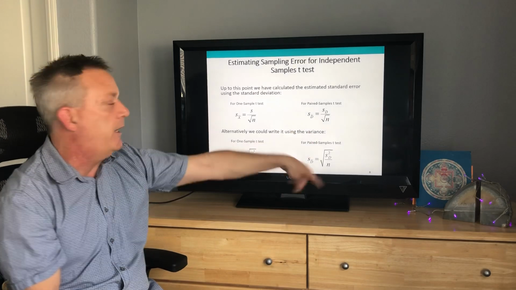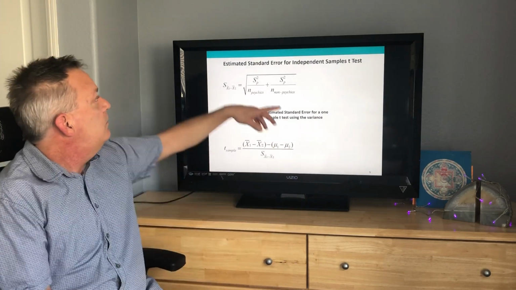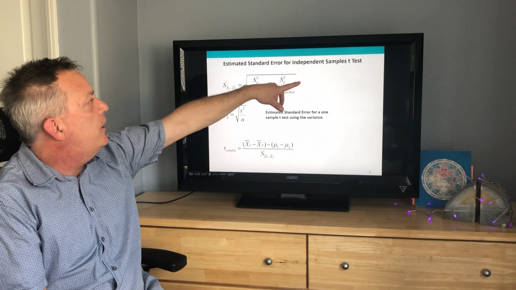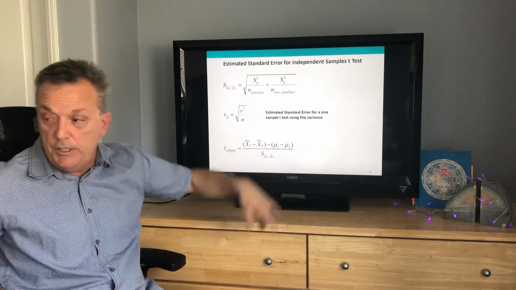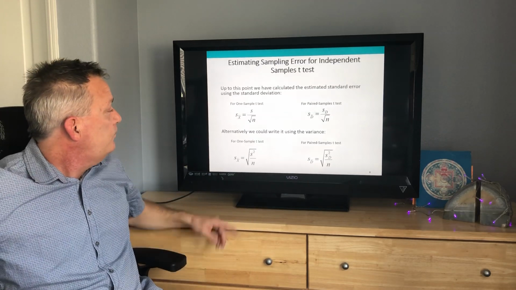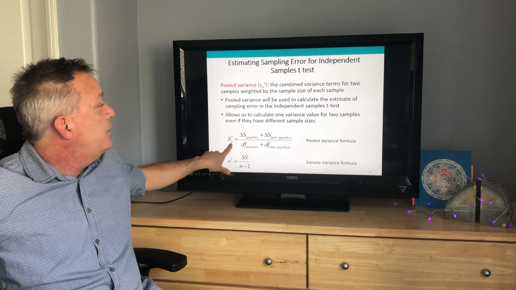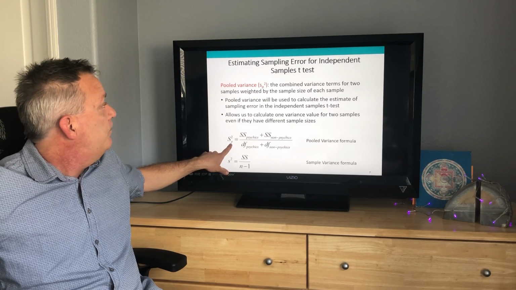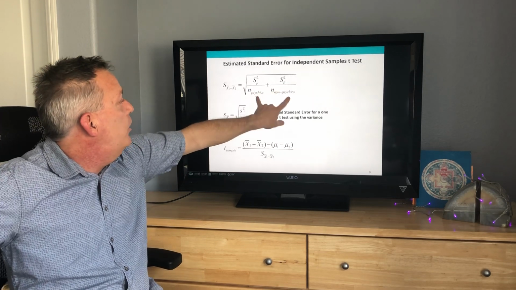And this just shows the paired samples t-test. So if you're looking for the estimated standard error for an independent samples t-test, now we're going to use the variance. So we're going to use the pooled variance right here, and we're going to add them together over n.